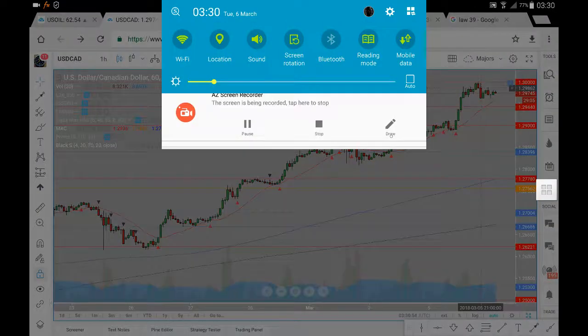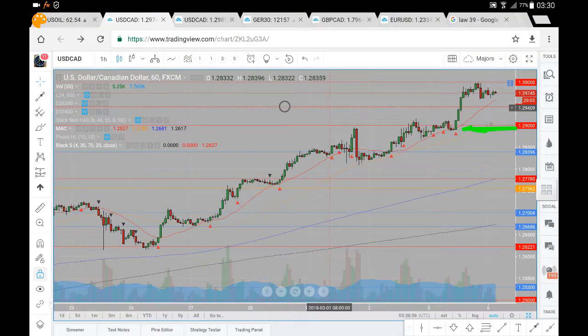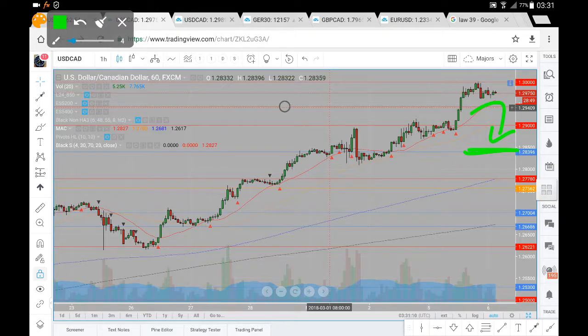Yep, so in around this 129, potentially acting as support for a move back up towards our 129.44 and the 130 level. I wouldn't anticipate prices moving much beyond, say, the 129 here on the US dollar CAD. But if we did move beyond the 129, I suppose the very next likely level to find support is all the way down at 128.39 on the US dollar Canadian dollar.